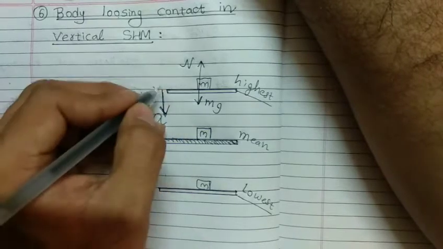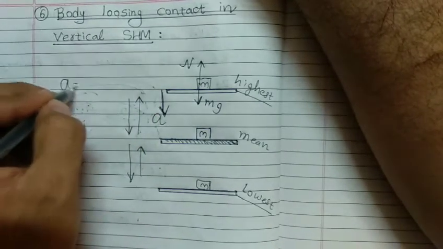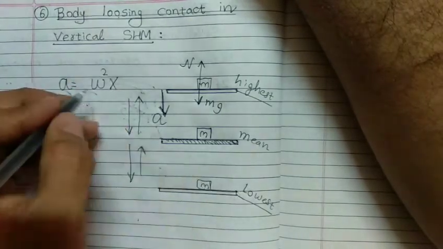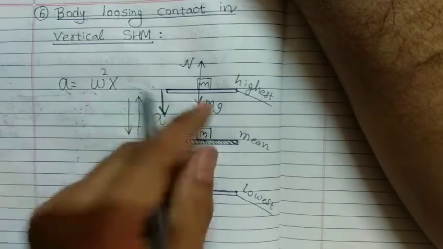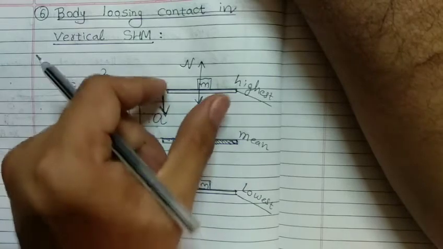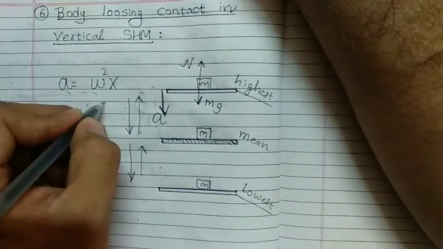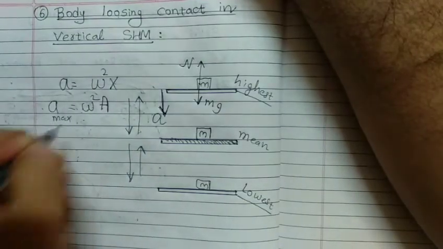You know that acceleration at any point is given by omega square x. We can ignore the negative sign; the magnitude is omega square x. Now the highest point is an extreme point. At the extreme point, x will be equal to capital A. So this is the acceleration.